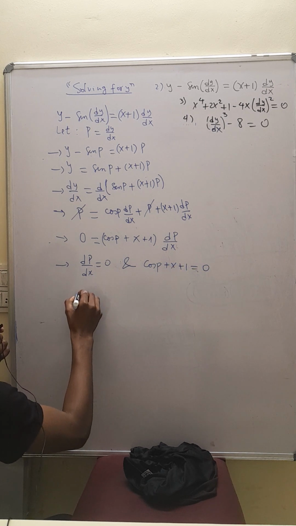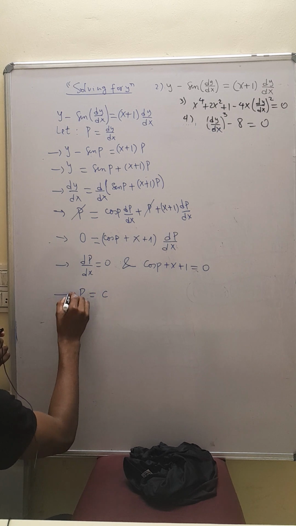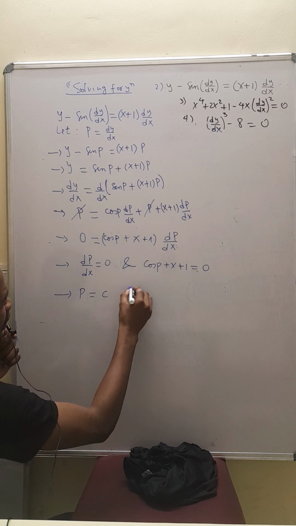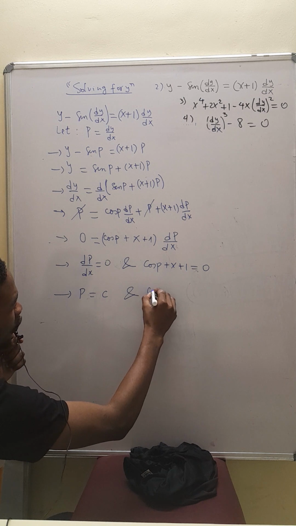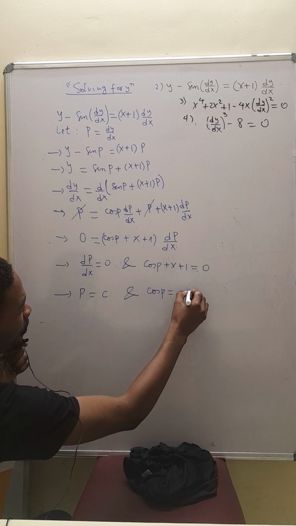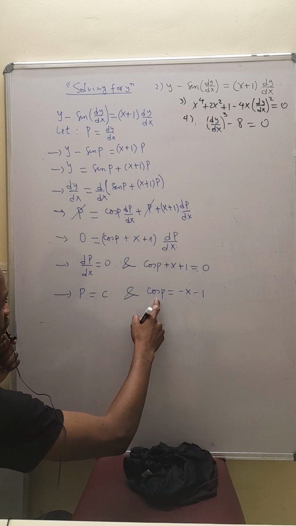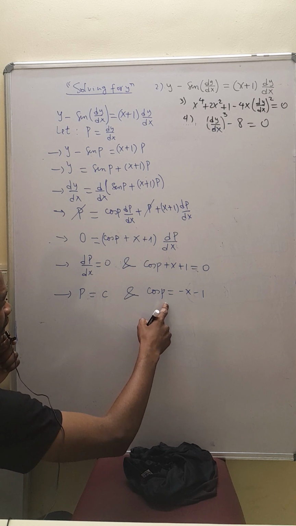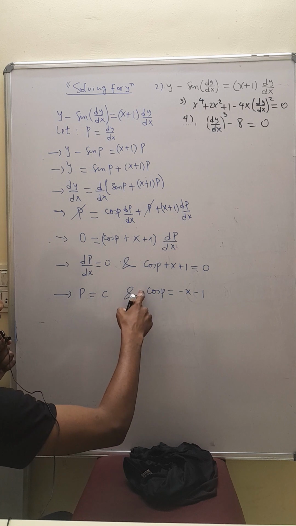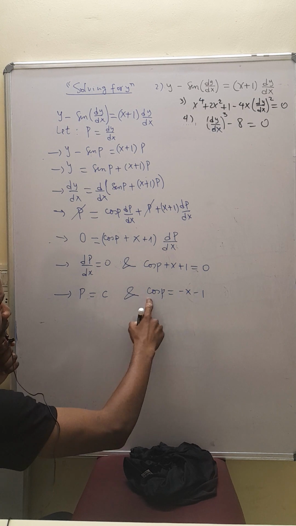Now how to solve this? We know that p will be equal to c, a constant. In the other case, cos p is equal to minus x minus 1. We want p, so we have to apply the inverse cos to both sides.